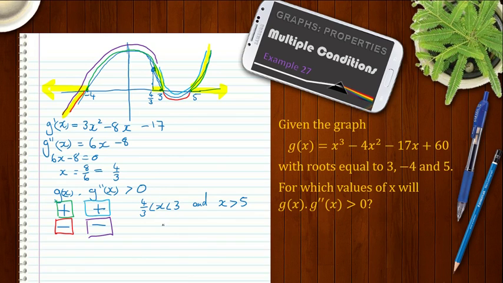Right, so if I put that down, I'm just going to say and where x is less than -4. These are then my conditions. This is then the answer. Where g(x) times the second derivative should be greater than 0, it's all of these values then.